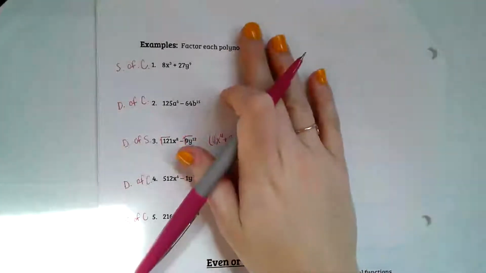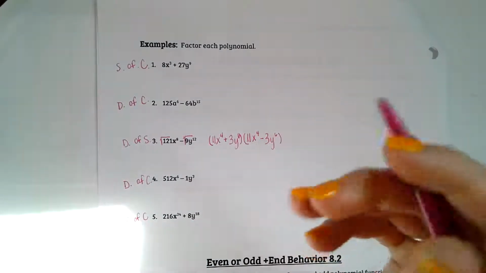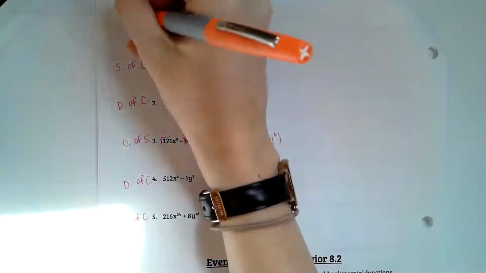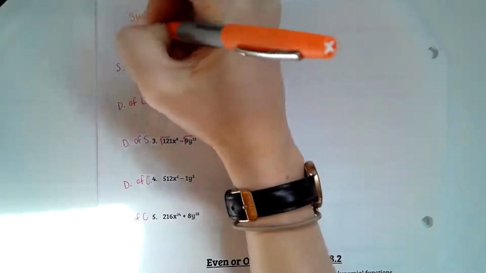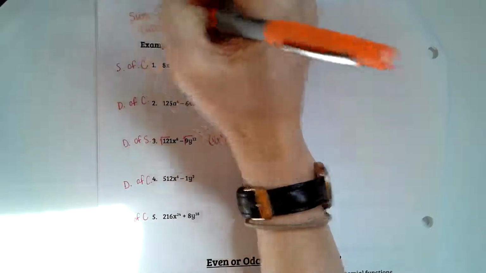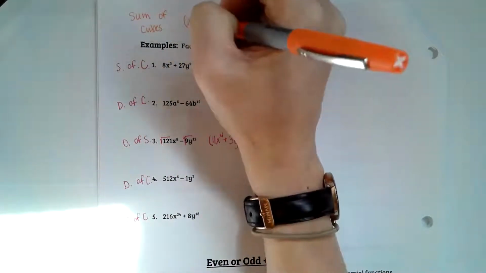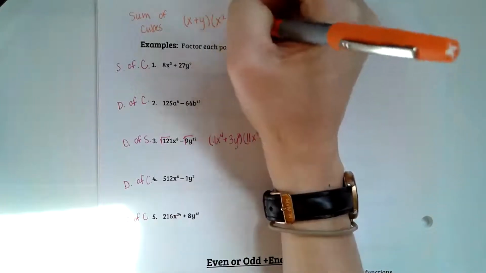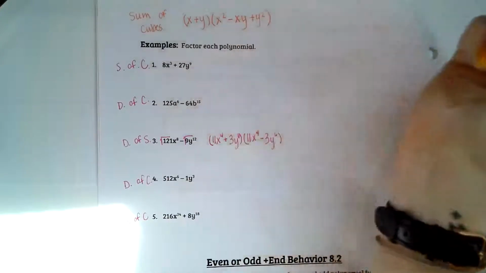Okay, so first thing that I like to do is figure out what our x and our y are going to be. So just a reminder that your sum of cubes is the x plus y, x squared minus x times y plus y squared.